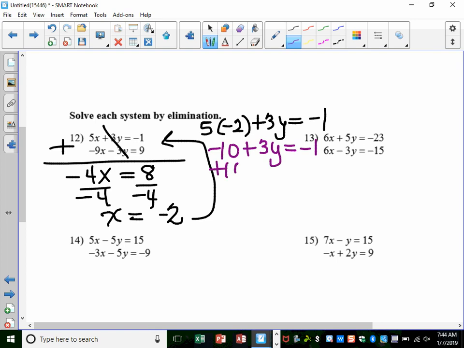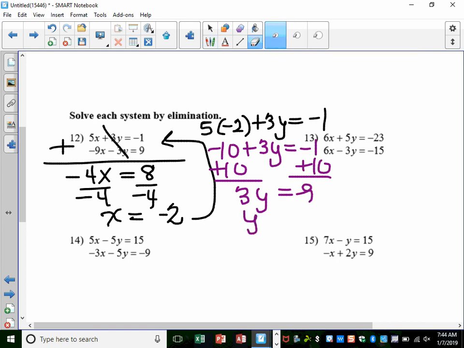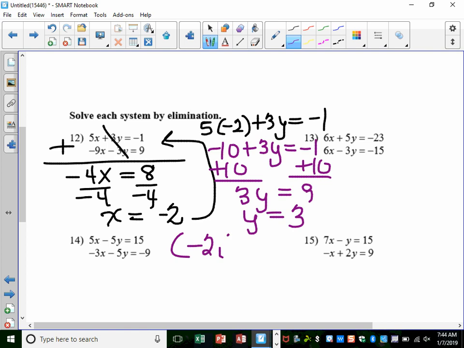And then I'm going to add the 10 to the other side. So I have 3y equals 9, so y equals 3. So when you put your coordinates together, your x coordinate first, and then your y coordinate. Okay, so that is what we already know how to do using elimination.